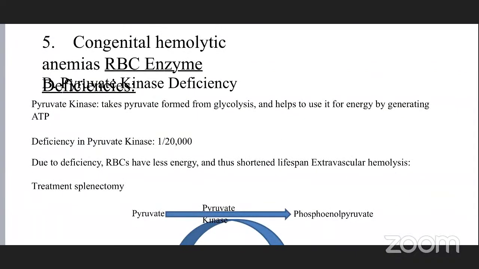Okay, pyruvate kinase deficiency. Pyruvate kinase takes pyruvate from glycolysis and helps use it for energy by generating ATP. Deficiency in pyruvate kinase occurs in 1 in 2,000.